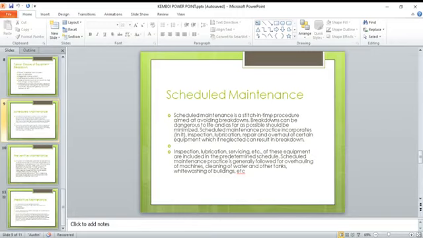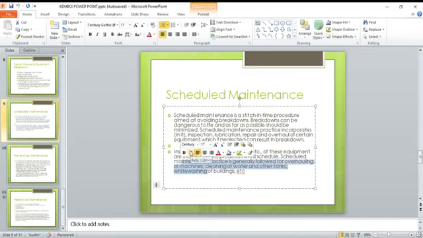This is now called scheduled maintenance. When you do so, you will minimize the breakdown.